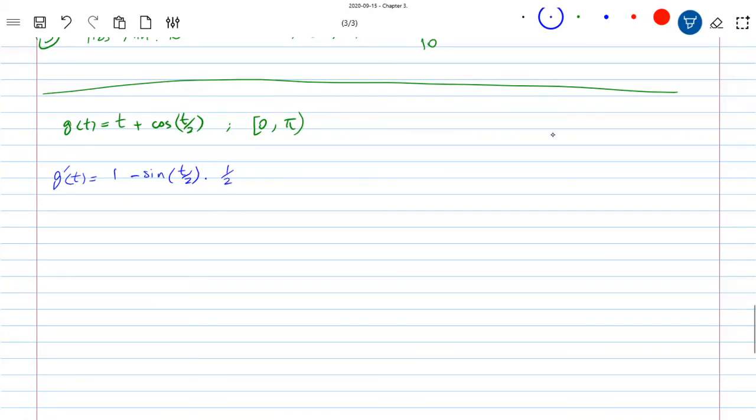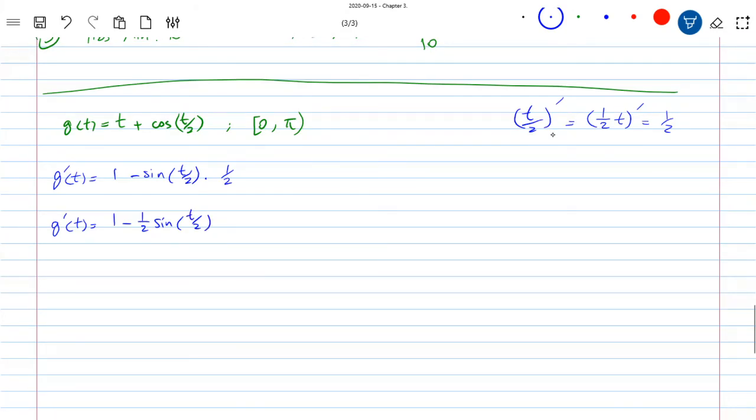You can write it as 1/2 times the derivative of t, just simply 1/2. So this 1/2 is the chain rule, the derivative of the inside. So g prime of t is, let me write it simpler, 1 minus 1/2 sine of t over 2.